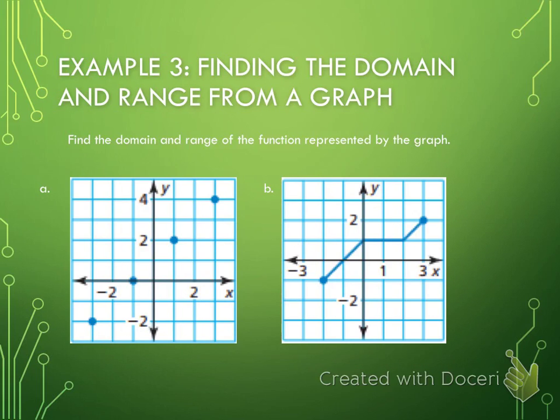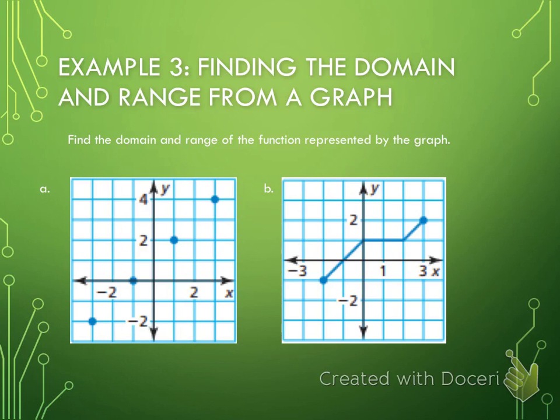So if we're looking at an example of finding the domain and range from a graph, we're going to look here at these graphs. If you look at A here, we're going to write the ordered pairs and identify the inputs and outputs.